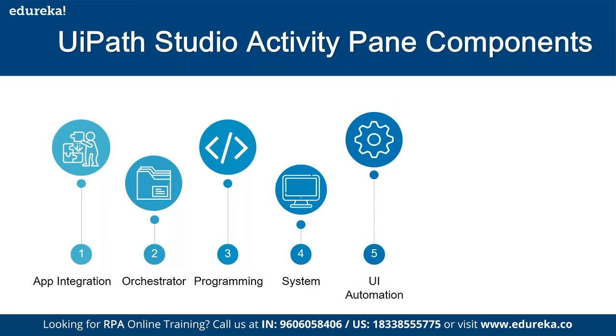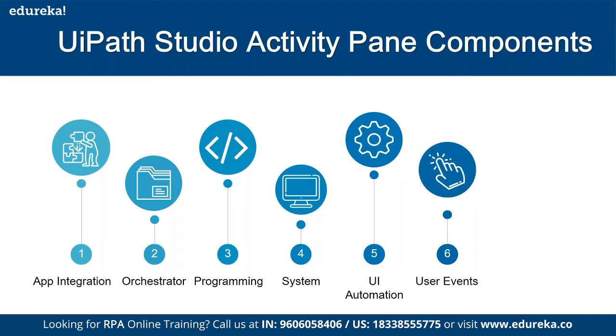And the UI automation, where UI stands for user interface. It might be a desktop application or a window application. You can automate those UIs using UiPath. This is very important. A lot of automation depends on user interfaces, that is, desktop or web-based applications. You can automate those using these activities.